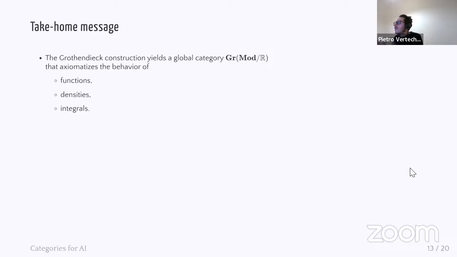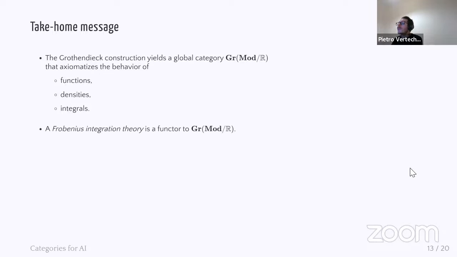So to sum it up, all this big technical core of the paper, what we've seen so far is that the Grothendieck construction yields a global category, Gr of Mod over R, that axiomatizes the behavior of functions, densities, and integrals.